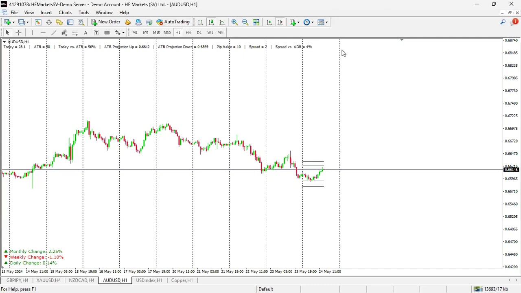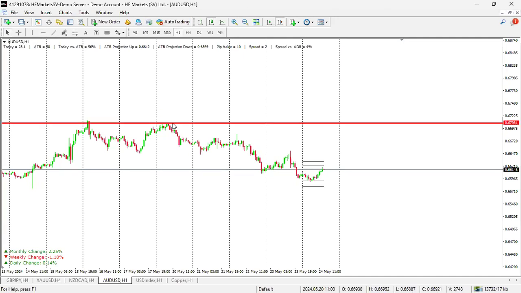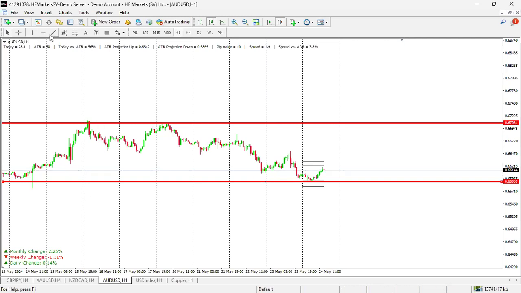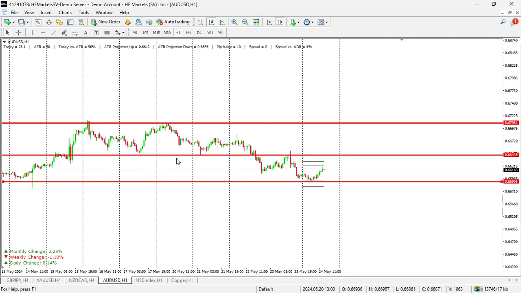Which means if you just go around the chart drawing lines, and then you begin to say, oh, this one is support, oh, this one is resistance, and then you say, I will just buy at support and I will just sell at resistance, oftentimes you would see that those things don't play out the way you expect it to play out.